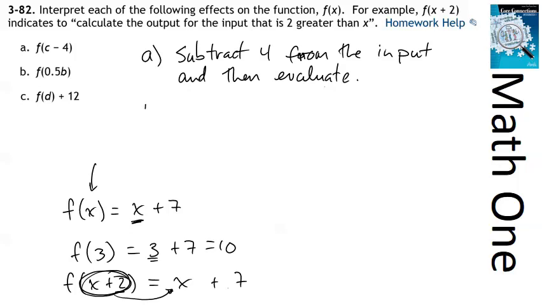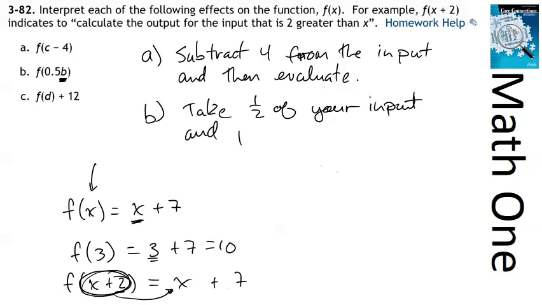This next one, B, says, hey, take whatever value you were intending to put in for B, and take half of it, because it says 0.5 times B. So that's half of your input, and then put that into the function. So take 1/2 of your input and place that in the function.